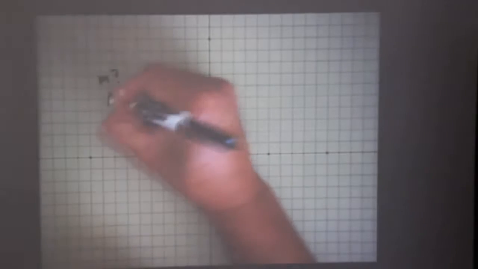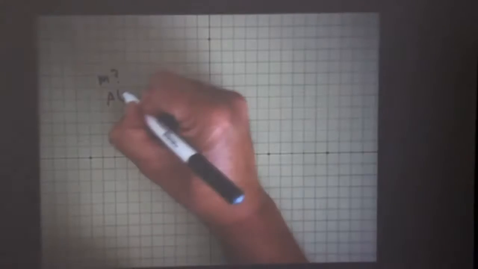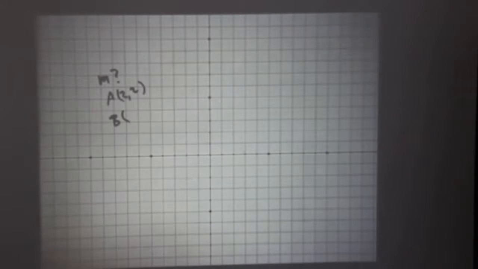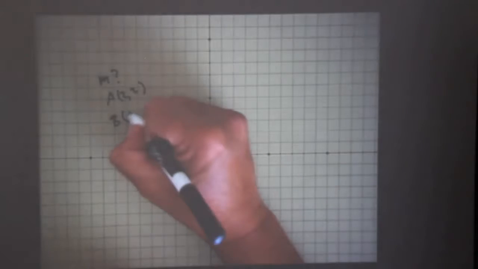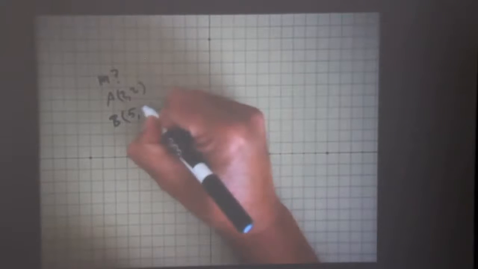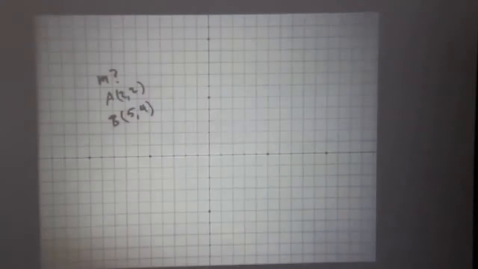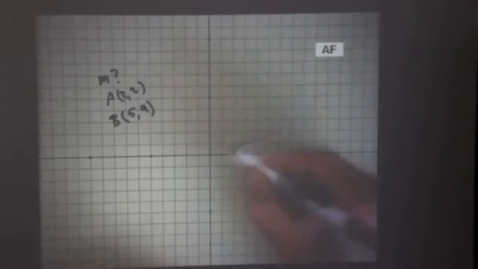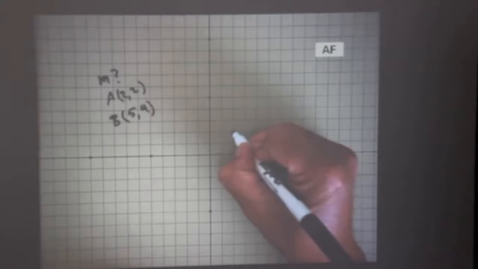So they will ask us to find the slope between point A, which we'll say is at 2, 2, and then at point B, let's say we're at 5, 4. So here's the 2 points, point A, 2, 2.